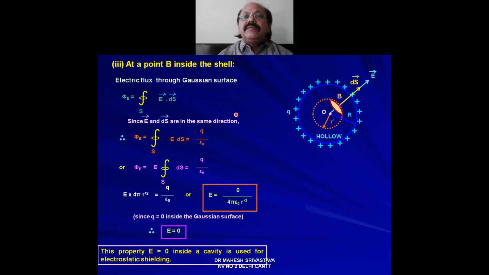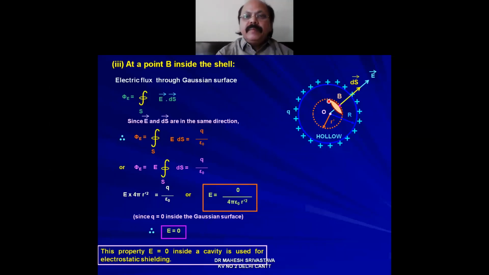So that's why the electric flux through this Gaussian surface is also equal to E multiplied by the area of this Gaussian surface, which must be equal to 1 upon epsilon naught times the total charge contained by the Gaussian surface.